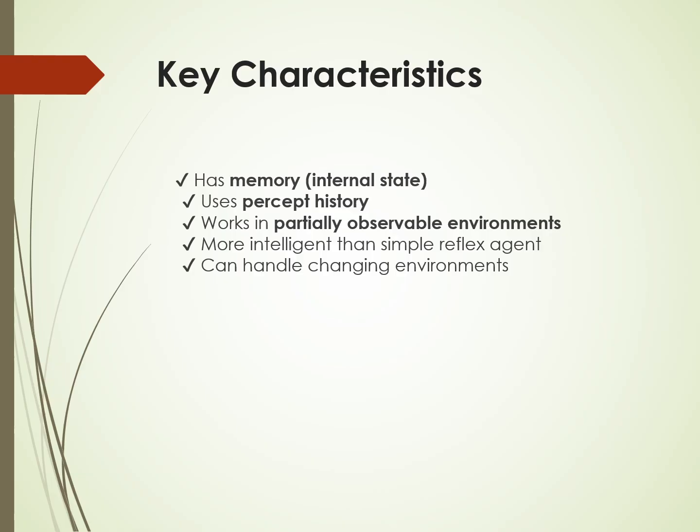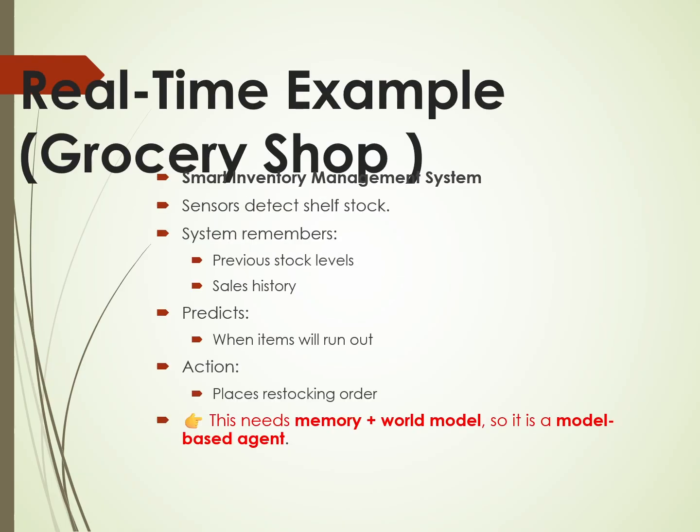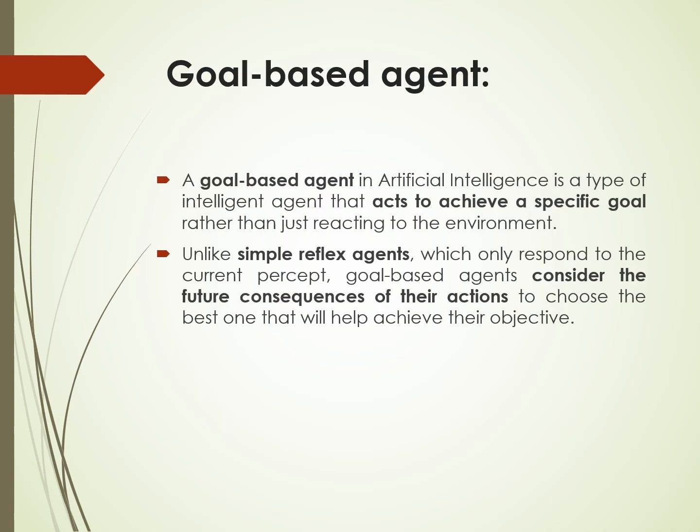Key characteristics are that it has memory and percept history, handles partially observable environments, is more intelligent than a reflex agent, and can handle a changing environment. A smart inventory management system is the best real-time example of a model-based agent.